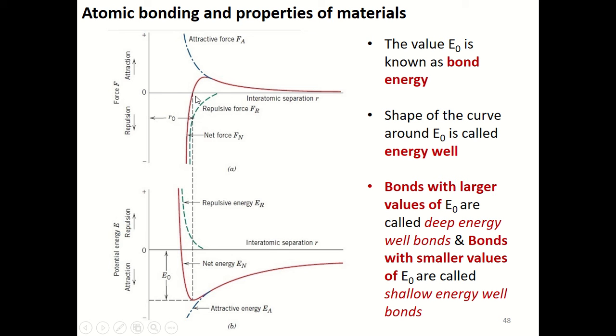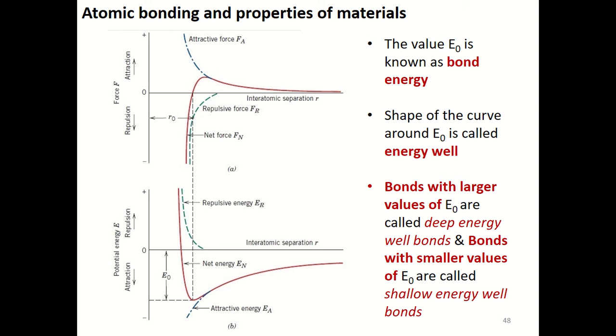Look at this point. You can see the net force curve cuts the horizontal line at a particular point. At this point, the attractive force plus repulsive force is equal to 0. I drew a line downwards, and you can see the distance marked with an arrow. What does this arrow distance indicate? The center to center distance between the two atoms at the time when they just touch each other.